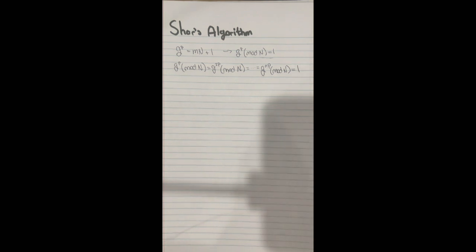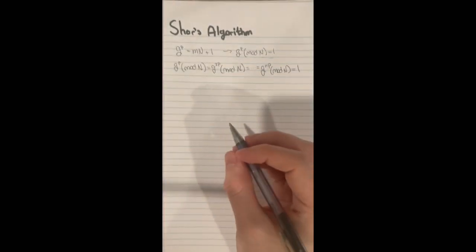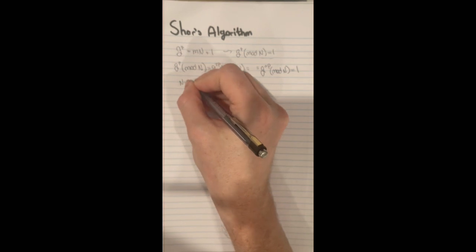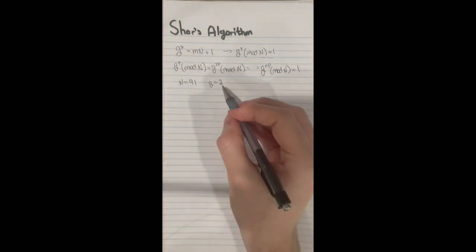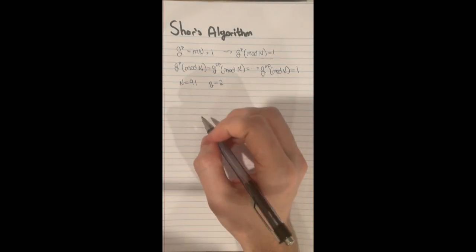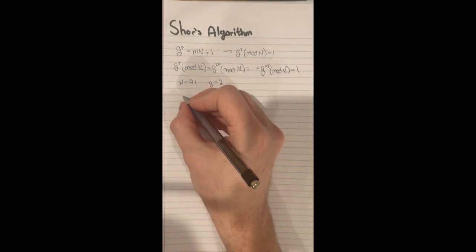Now, a proof of this was given by Euler. However, rather than work through this proof, I'll simply show an example to illustrate that it's true. So going back to our previous example with n equal to 91 and g equal to 2, which we saw earlier is coprime to n, we can set up using this formula.